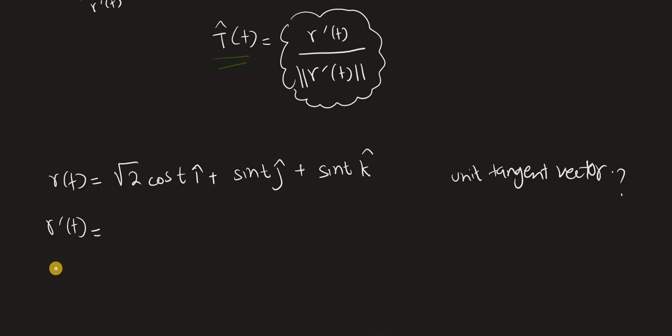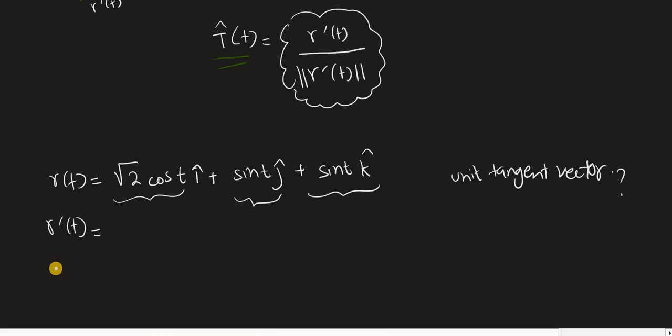We take the derivative of a vector function component by component. Here, this is i hat, this is j hat, and this is k hat. First we take the derivative of the i hat, then the j hat, and then the k hat. Let's start.